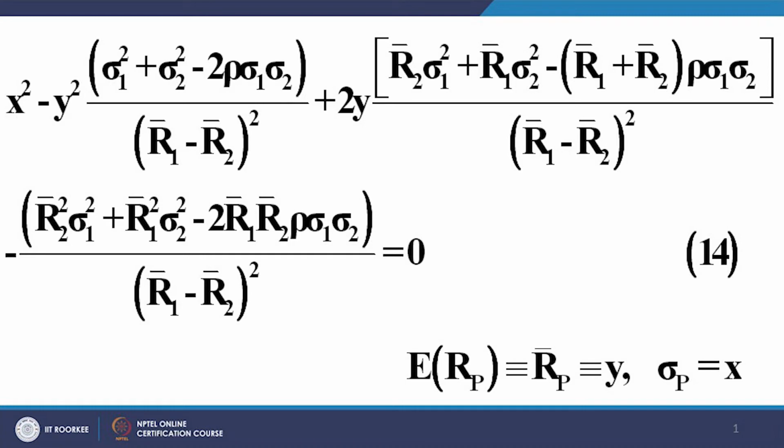For that purpose, let us try to find out the points of intersection of a straight line which is parallel to the y axis with the portfolio possibilities curve, which for a pair of risky securities with no risk free lending or borrowing is represented by the equation 14. So, we try to find out the point of intersection of x is equal to k with the portfolio possibilities curve. Let us substitute x equal to k in equation number 14.